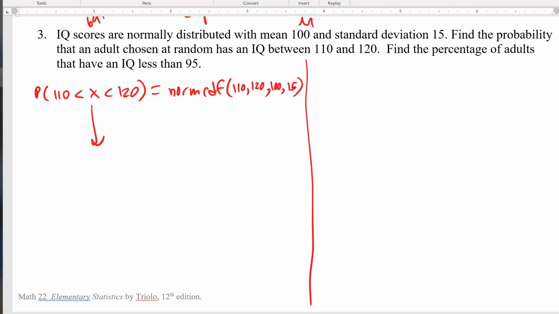If I'm doing it from a z, I've got to take each of these minus the mean divided by the standard deviation. This would be 2/3 or 0.666.